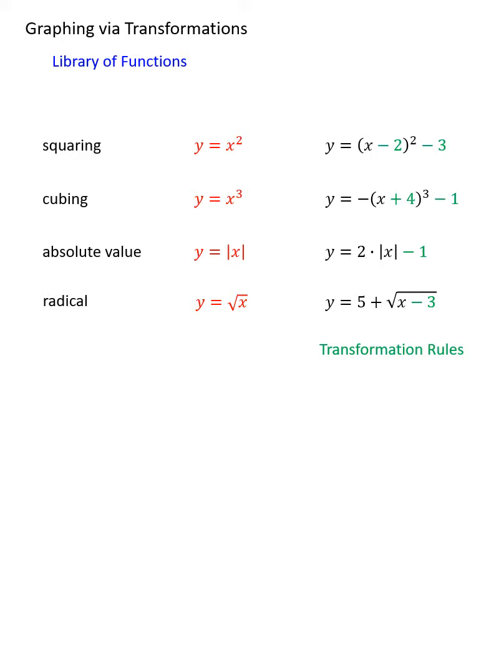There are many other functions in the so-called basic library of functions, but I've found that 99% of the time, questions arise among these 4 basic functions that you see in red in the middle here. So by memorizing those and learning the transformation rules, we'll be able to successfully graph any variant of these 4 functions without a calculator.